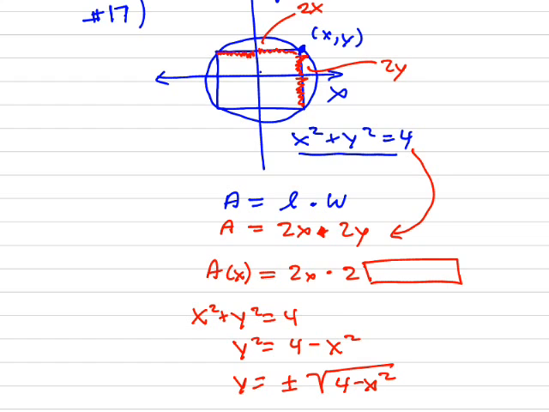Since we are only dealing with points in the first quadrant, and we're only dealing with positive y values because we're talking about length, we only have positive length, so we're going to just stick with the positive part of the answer, the square root of 4 minus x squared. So that is what you would substitute in for y.